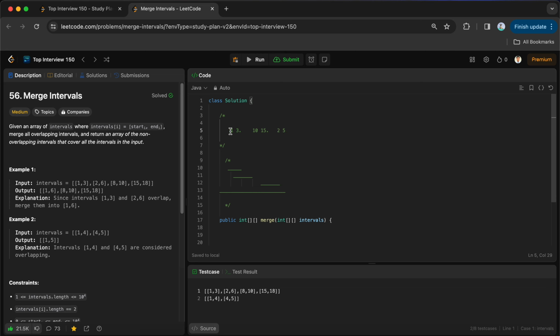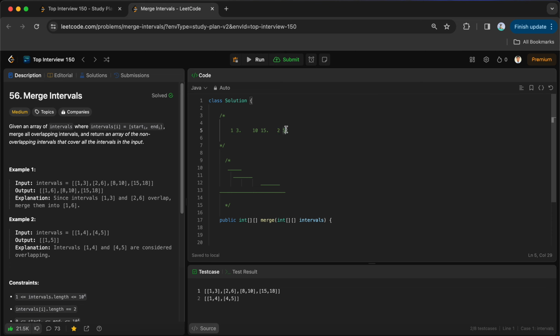In this way it is distributed. By comparing just these two we can't justify the actual range of the overlapping intervals, because maybe after that it is not overlapping, but some interval present later is overlapping. So basically we have to sort.